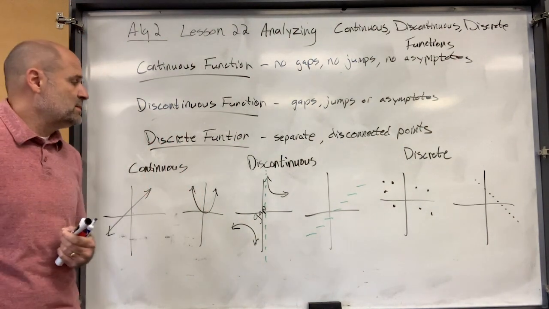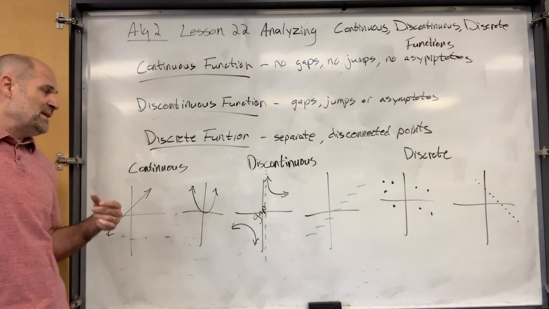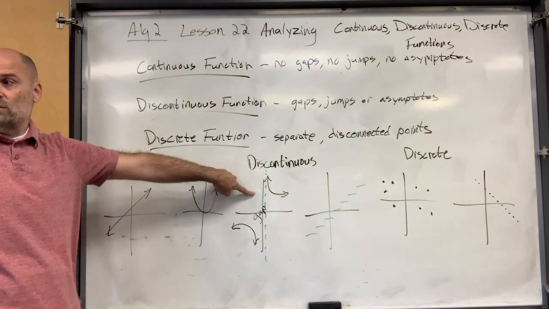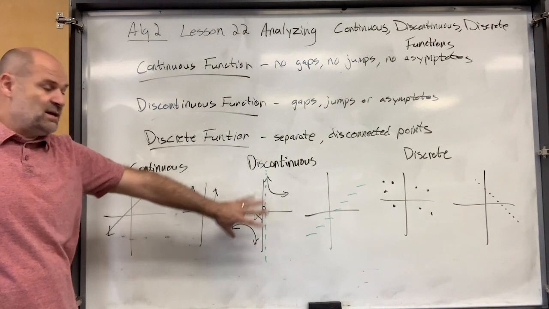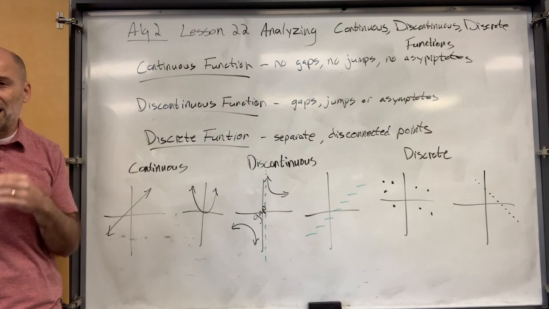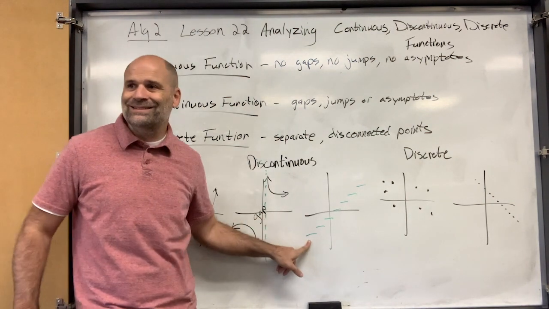Okay, so can you guys identify the differences on a test? If they gave you this function, would you be able to say this is a discontinuous function? Because there's a gap. It's not connected. It's not continuous. This is not connected.